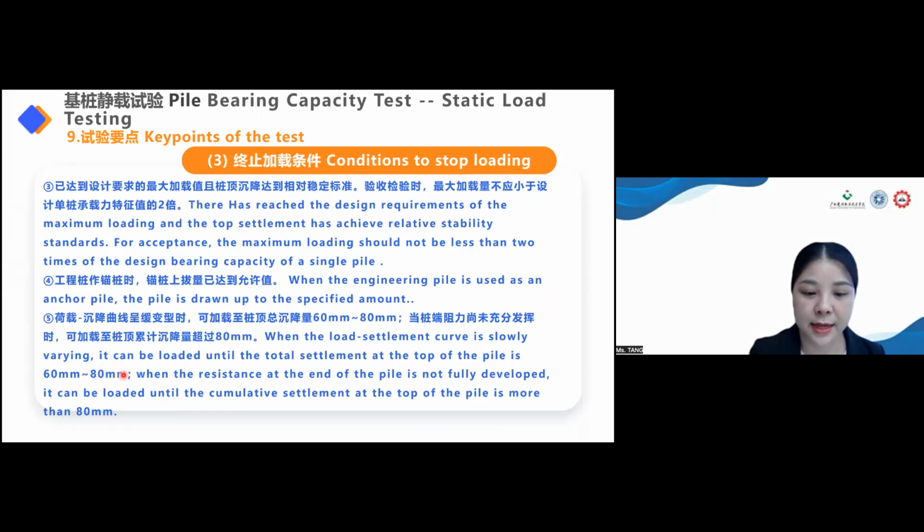When the resistance at the end of the pile is not fully developed, it can be loaded until the cumulative settlement at the top of the pile is more than 80 millimeters.